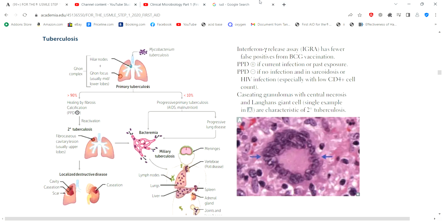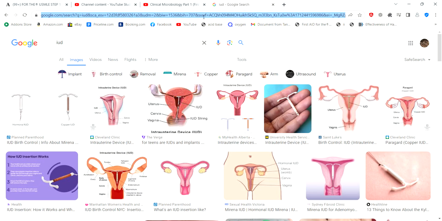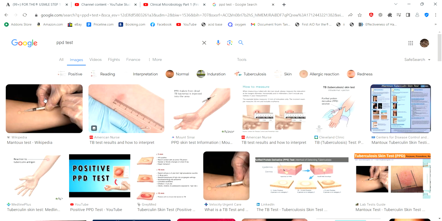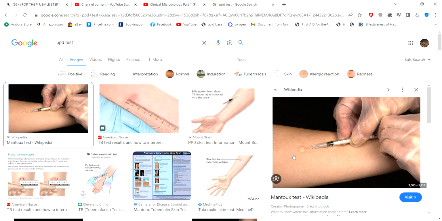What is the PPD test? It produces a little bump. This right here is a T cell response. So in HIV, if there are no T cells or extremely low T cells, there is no Th1 response, so no macrophages.